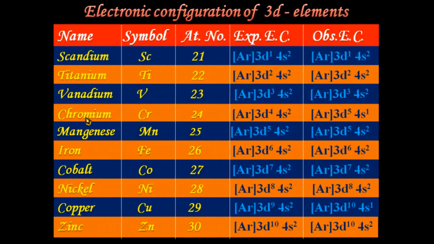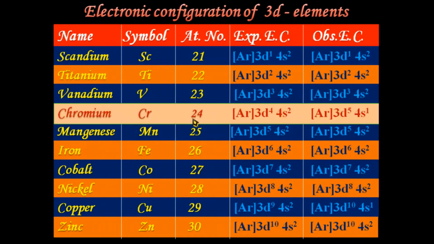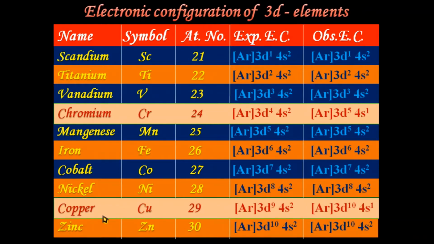In the case of chromium, the expected electronic configuration is 3d4 4s2, but the observed electronic configuration is 3d5 4s1. Similarly, in the case of copper also, the expected electronic configuration is 3d9 4s2, but the observed is 3d10 4s1.